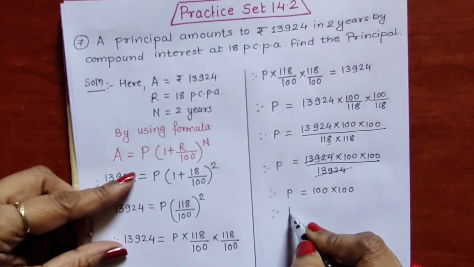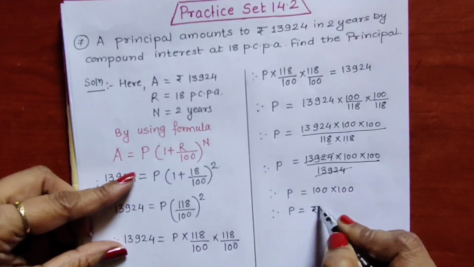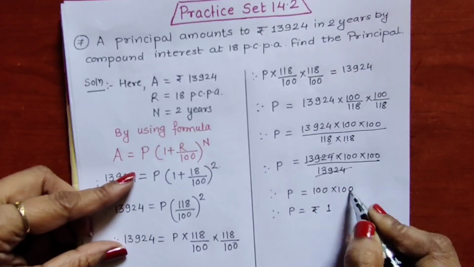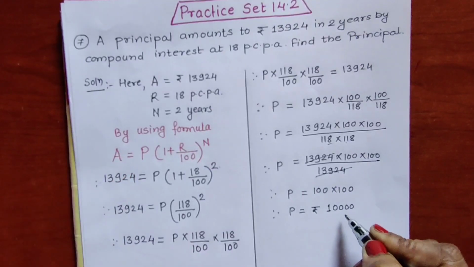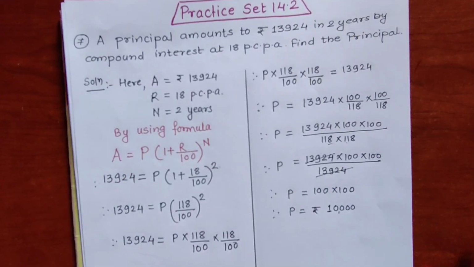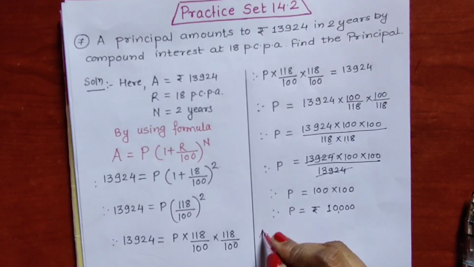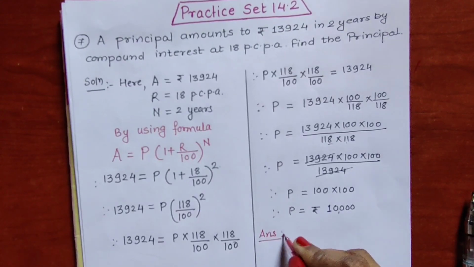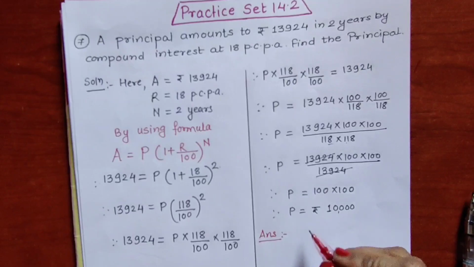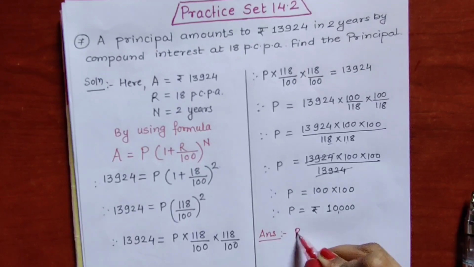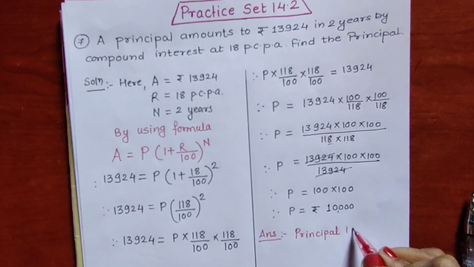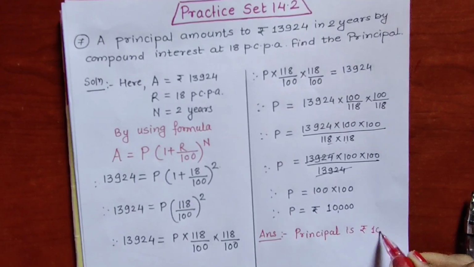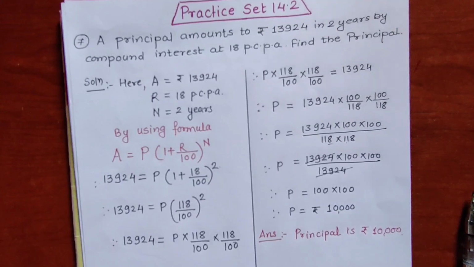So 100 multiplied by 100 we get, after 1, 2, 3, 4 zeros. So 10,000 rupees is the principal which we have got. Answer statement write down. Principal is rupees 10,000.